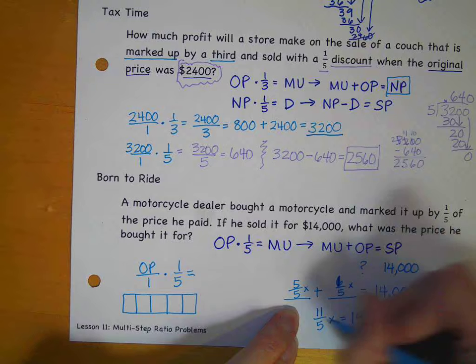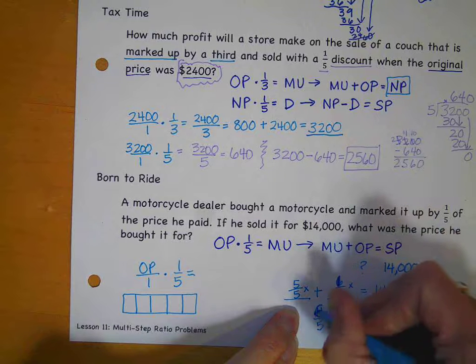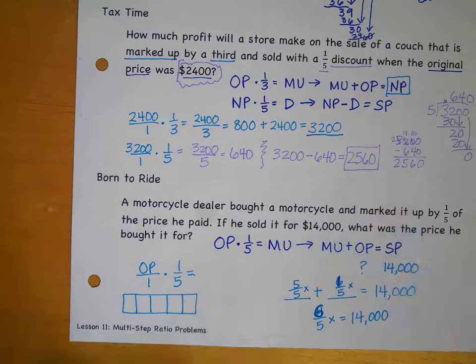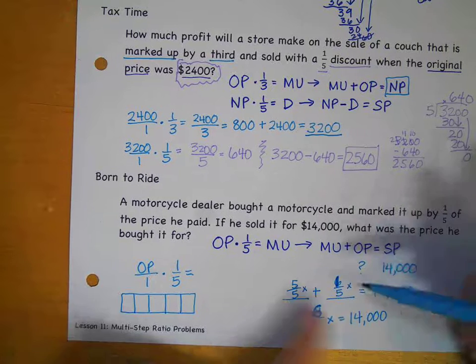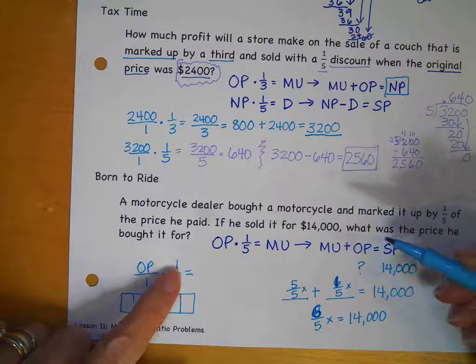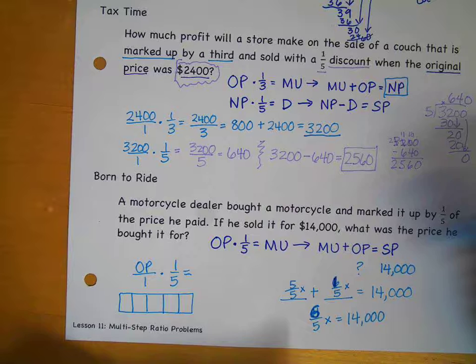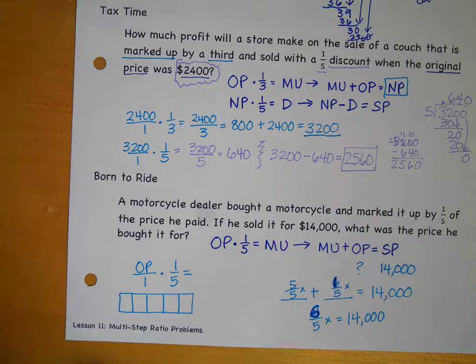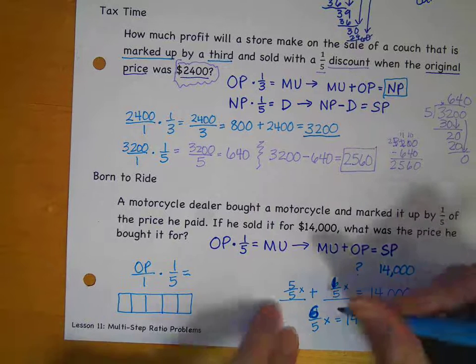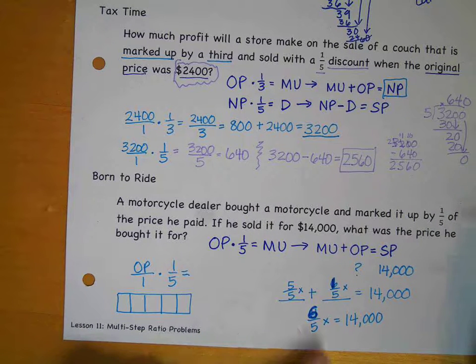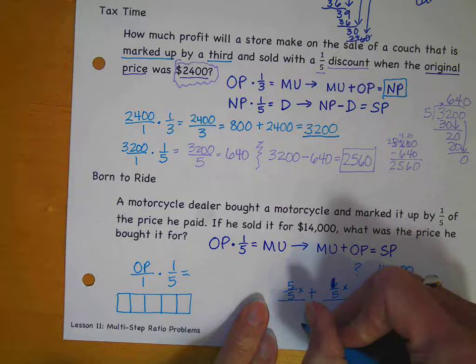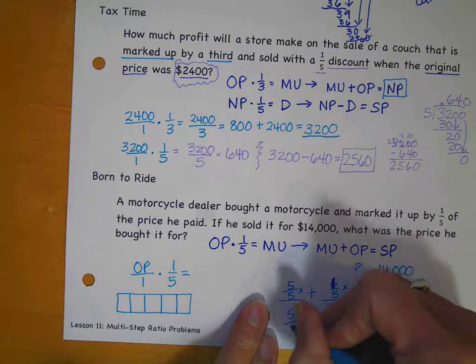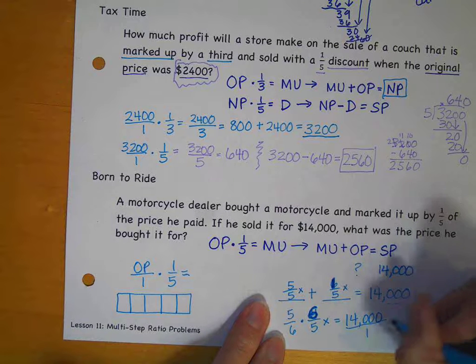The markup was only 1/5 of it, so it wouldn't be these two added together. So this amount should be 6/5. I'm sorry, I just confused you. You're taking the original plus the markup, and the markup was only 1/5 of it. So this total amount is 6/5, not 11/5. Okay, that's not too bad.